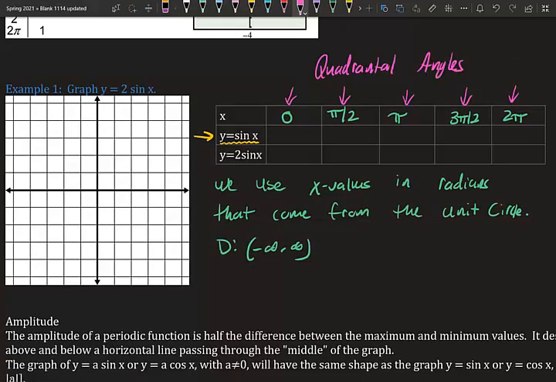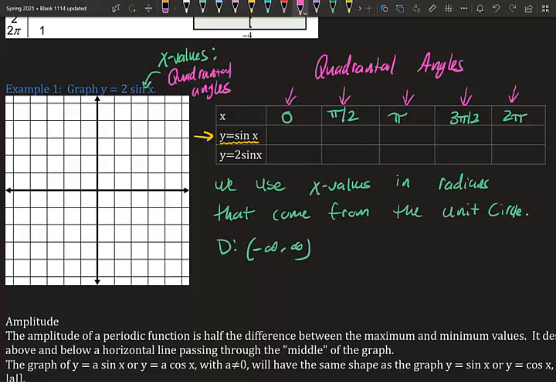So when there's nothing in front of the x, your x values are going to be the quadrantal angles. That's when nothing's in front.